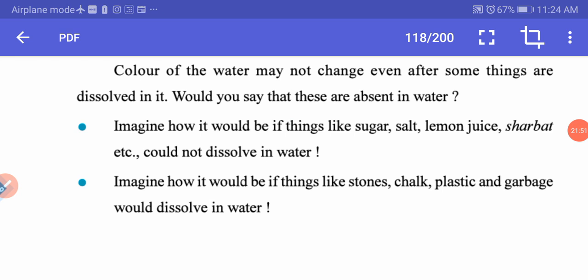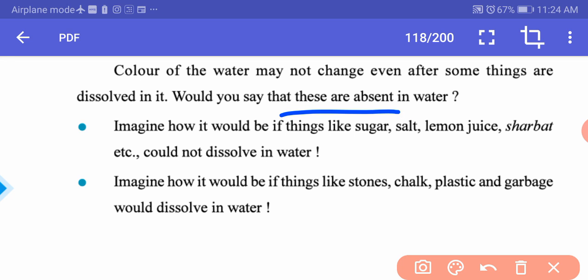No. If you taste it, the water will taste sweet. That means there is sugar in the water. We cannot say that sugar is absent in water. Absent means not present in the water. If you add sugar, it will dissolve, it will disappear, but the taste will remain there.